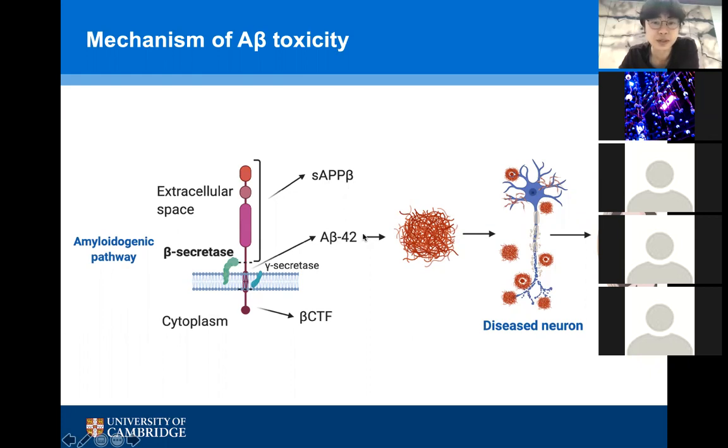And this leads to the production of amyloid beta of 42 amino acids. Then this accumulates and eventually forms plaques around the neurons, so extracellularly. And this leads to diseased neurons and eventually neurodegeneration in humans.